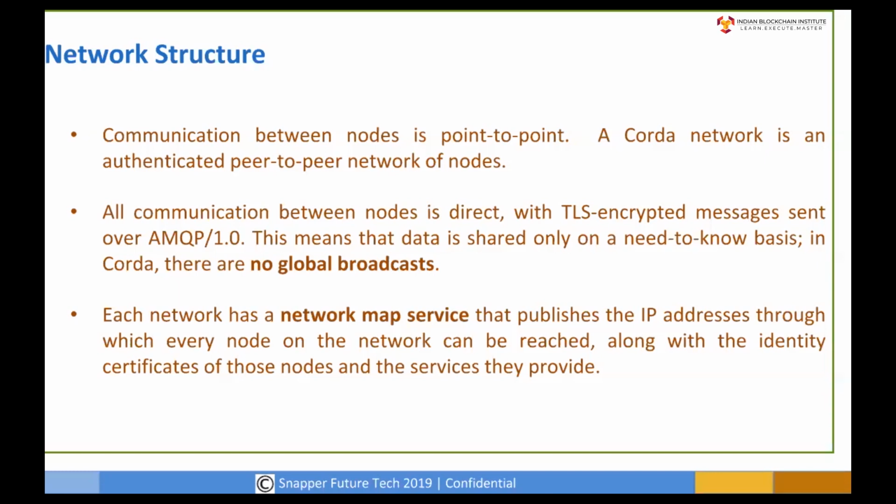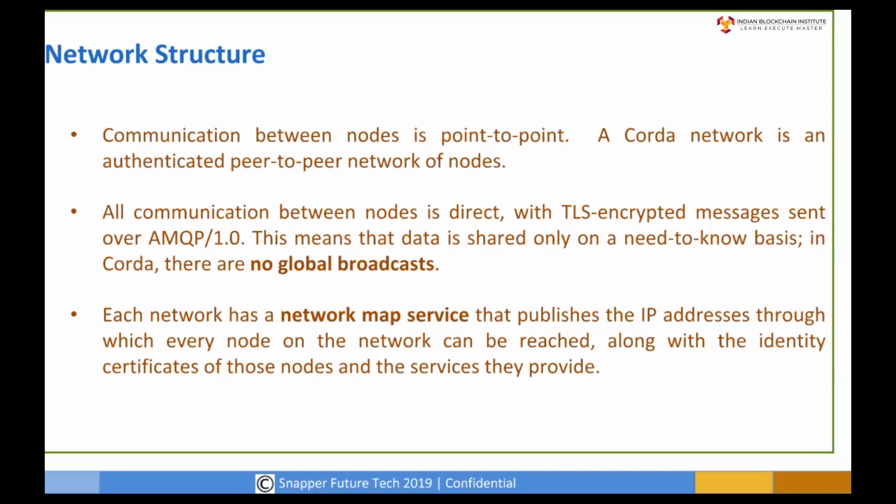In other blockchains, the information or data is broadcasted globally to every peer in the network. That is sharing of facts across all the nodes in the network. But in Corda, it's not the case. Corda is, as I mentioned, point to point.